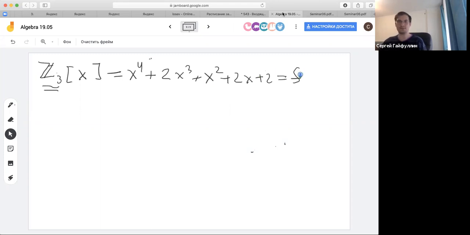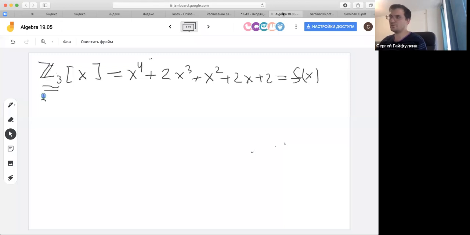If f has no roots, then we have a little bit of problem, because we should understand if f is the product of two polynomials of degree 2, or f is irreducible. But we hope that f has a root.